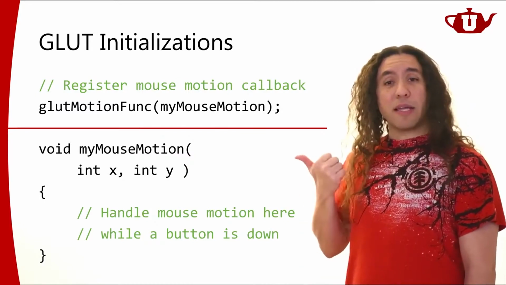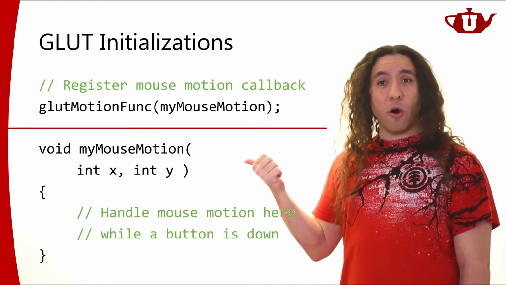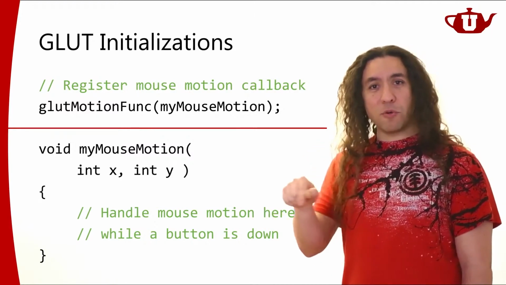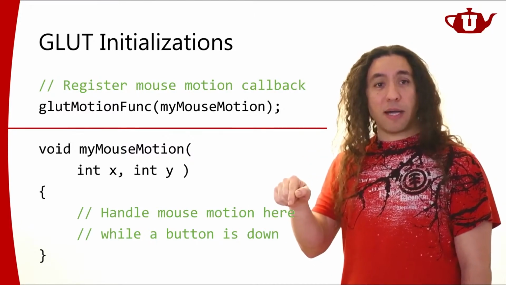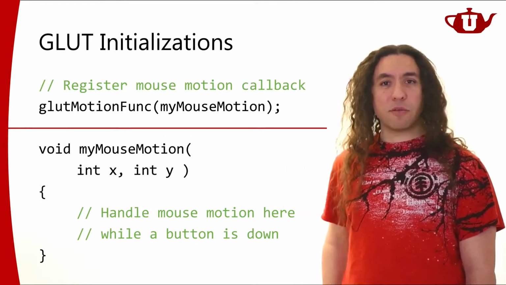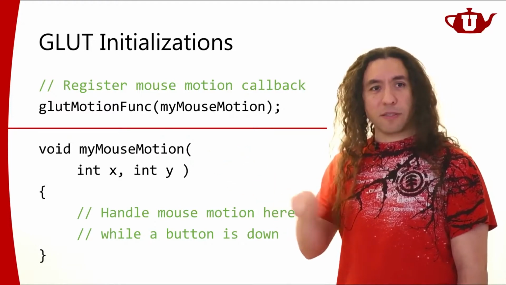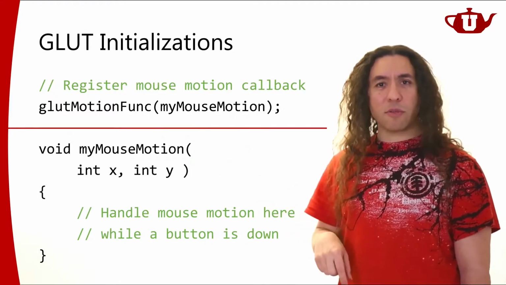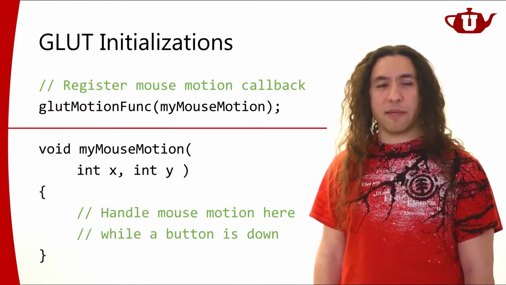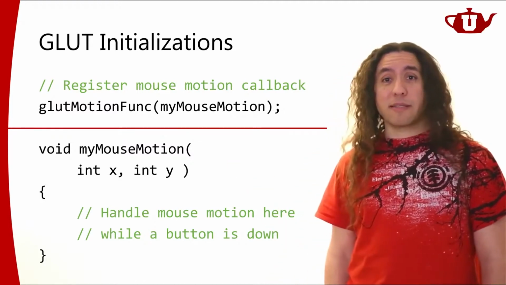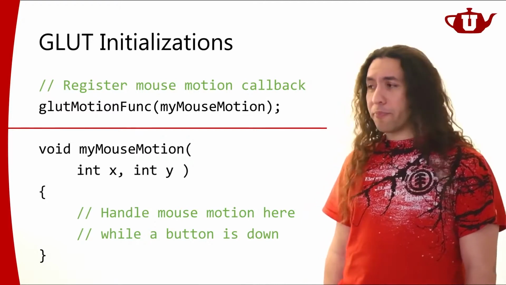Funny thing, this function is called only after you click a mouse button and then you move your cursor until you lift that button up. So you click, and then Glot starts calling this function as you drag your mouse cursor, and when you lift the button up, it will stop calling this function. So you can use it easily for dragging stuff.